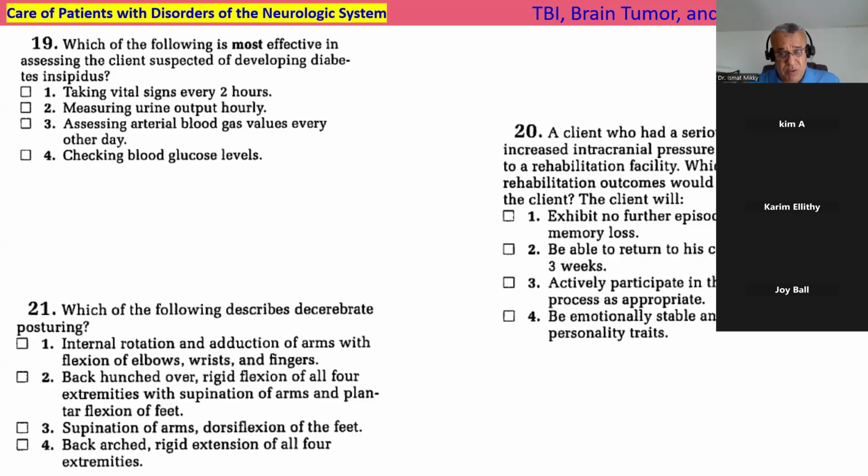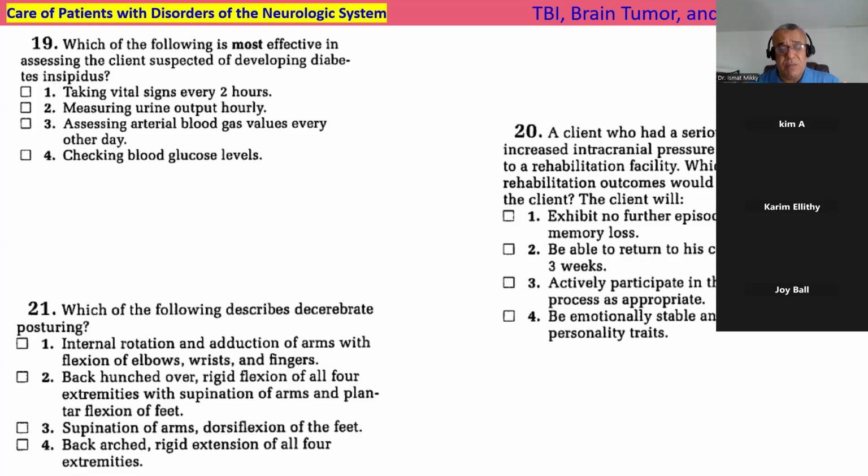Patients with DI have a deficiency in ADH, antidiuretic hormone, production from the posterior pituitary gland. Like patients with diabetes mellitus, they have polyuria and polydipsia. These two manifestations are also consistent with diabetes insipidus. So the patient has polyuria and polydipsia from deficiency of ADH hormone.